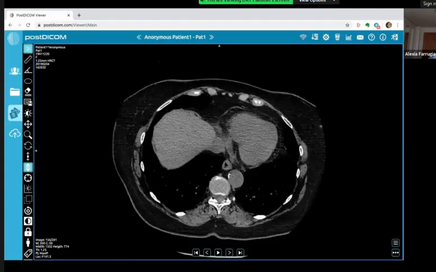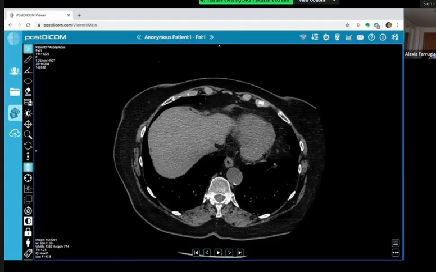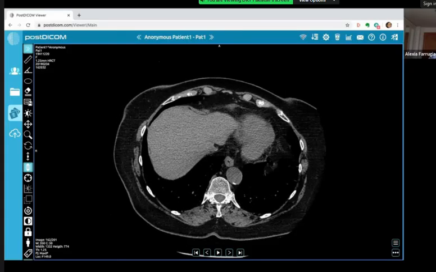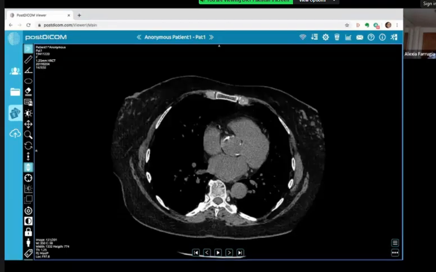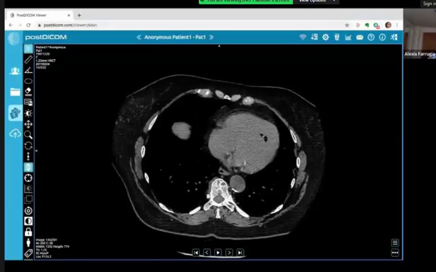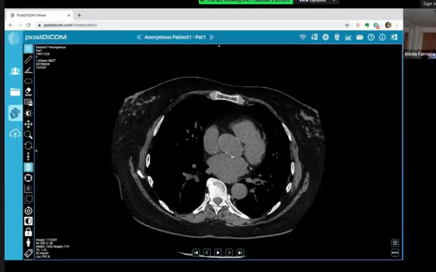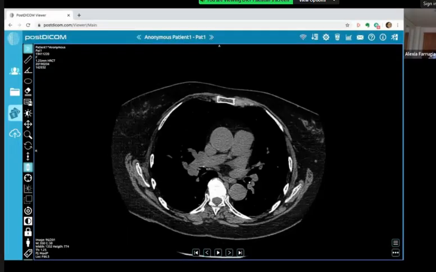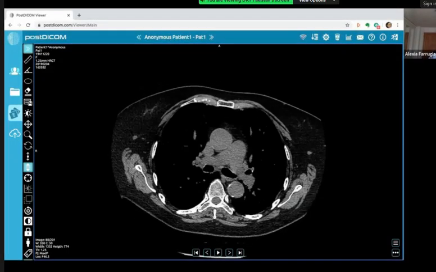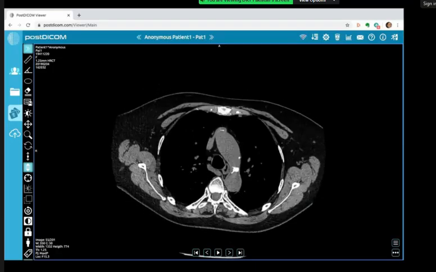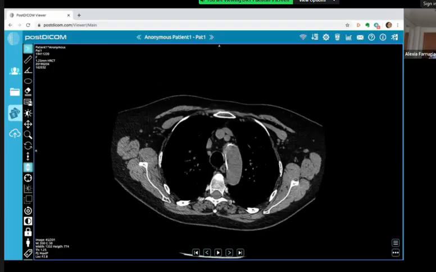There's some coronary calcifications. Okay. No lymphadenopathy. No.